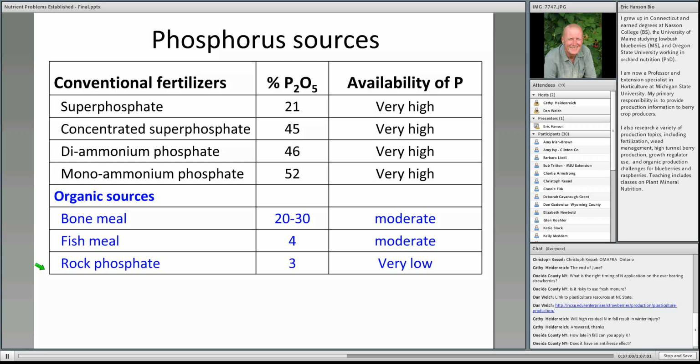A common question is about the use of potassium in the fall as an antifreeze or to increase the hardiness of bushes. I haven't seen any data to support that.